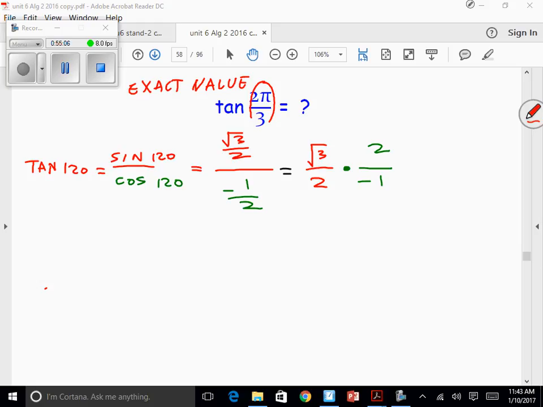The bottom is a negative 2. The last thing you're going to do is divide the 2's and you're going to wind up with a negative.